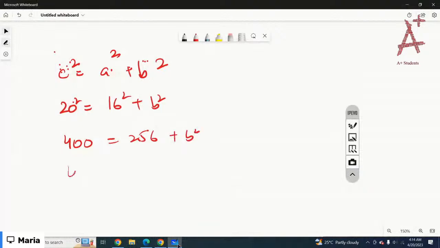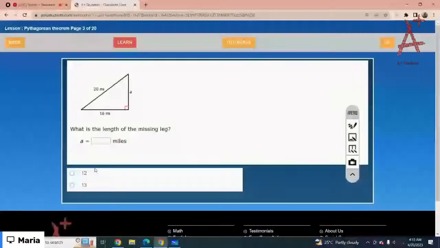Move 256 to the other side, so it would be 400 minus 256 equals b square. It would be 144 equals b square. That means b equals 12. So the correct option is b equals 12.